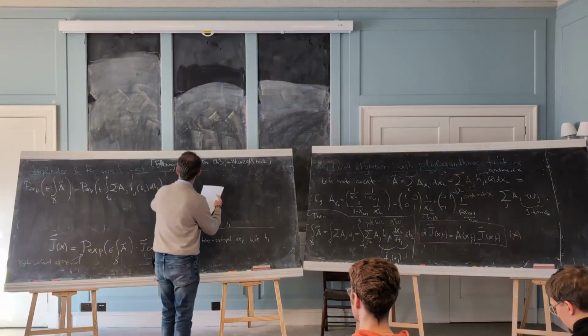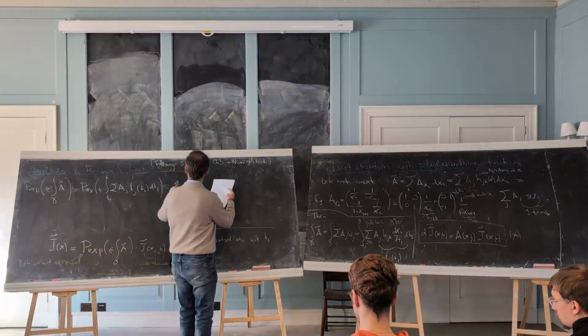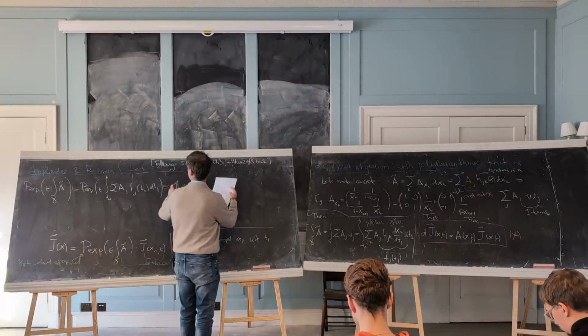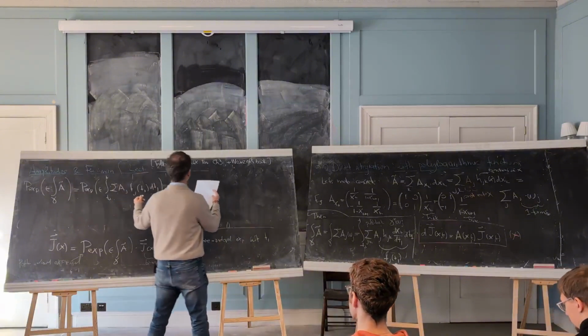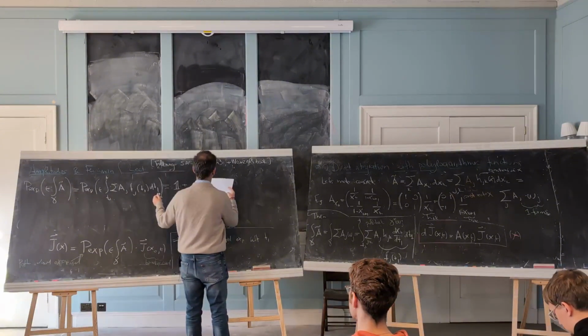You write an infinite expansion. This is the unit matrix. This thing is a matrix because it involves matrices. And that's why it's non-commutative.